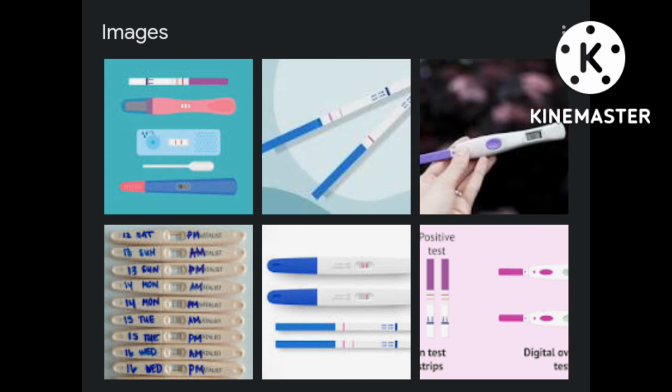So the disadvantage is limited detection. Ovulation tests detect LH levels, but they don't give you an exact date of ovulation. Eggs may not emerge even after an LH surge.